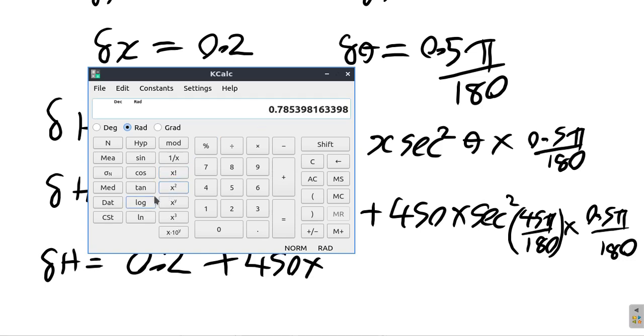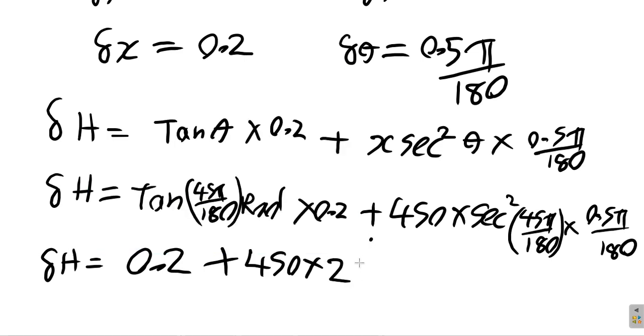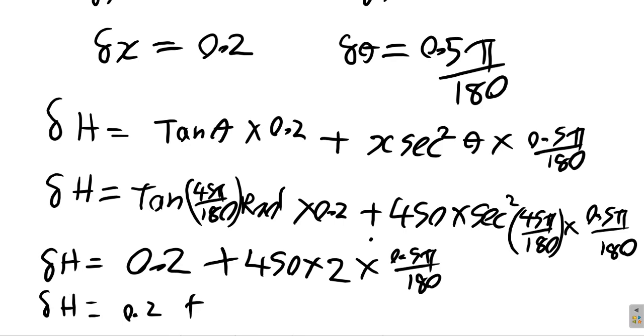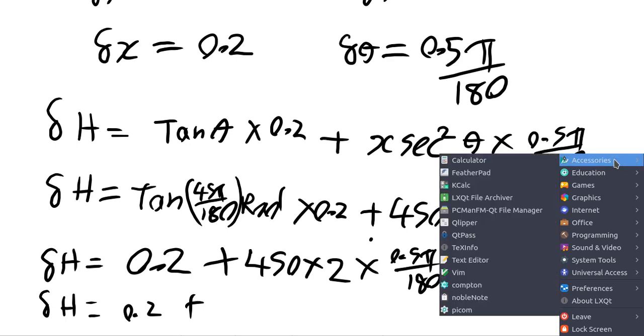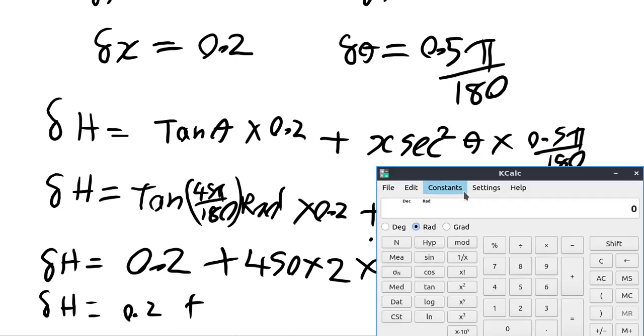So we have cos, 1 over this, then square. We have 2. It's times 2, so it's 2 times 0.5 pi over 180. So changing h is equal to 0.2 plus. Now let us work all of that out and see what we get.